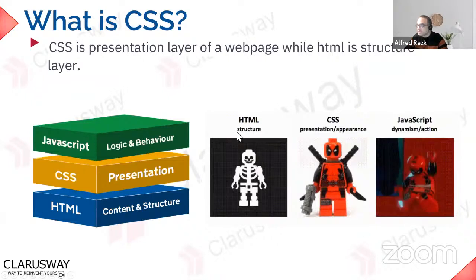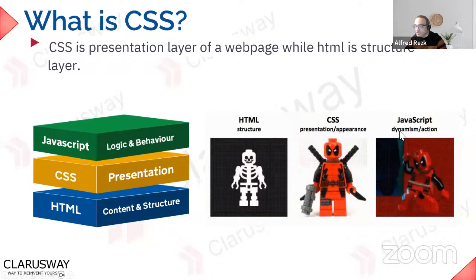Again, it is short for cascading style sheets. As we mentioned yesterday, the HTML is just the skeleton of your document. If you want to add a presentation layer to it or care about the appearance of your web page, that's the job for CSS. And finally, if you want to make your web page or website interactive, then you should add JavaScript.